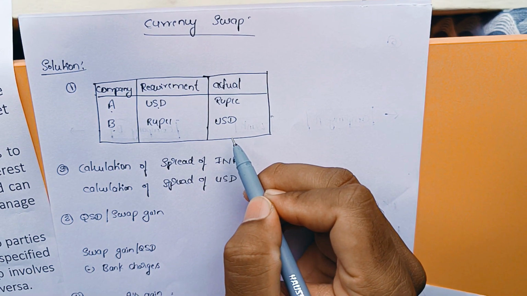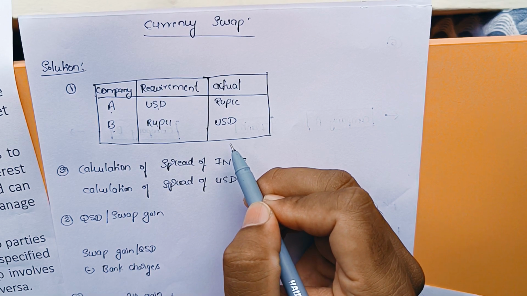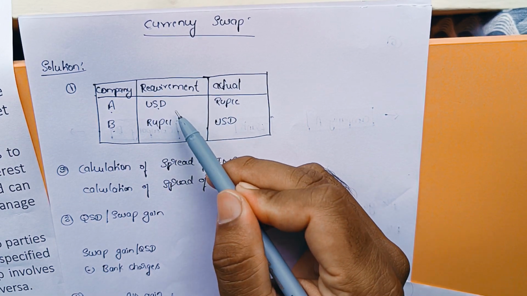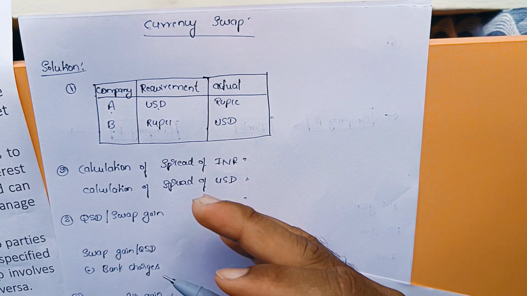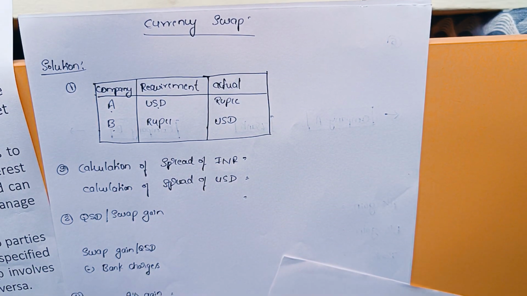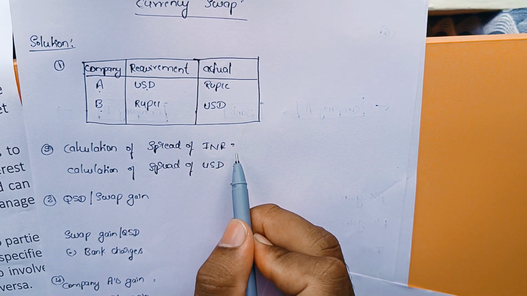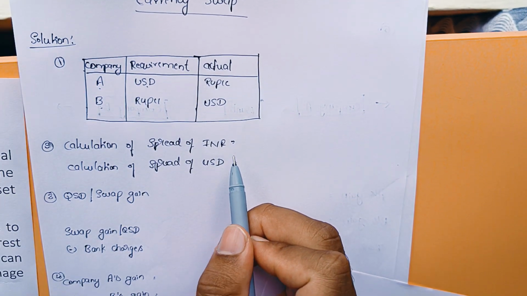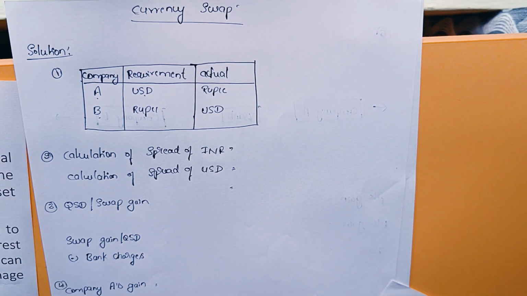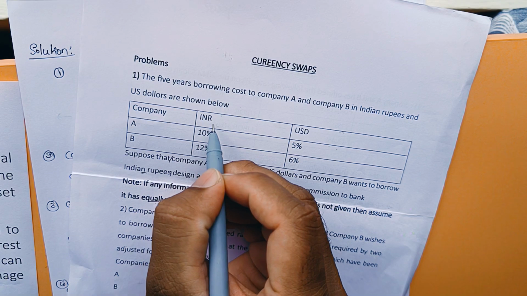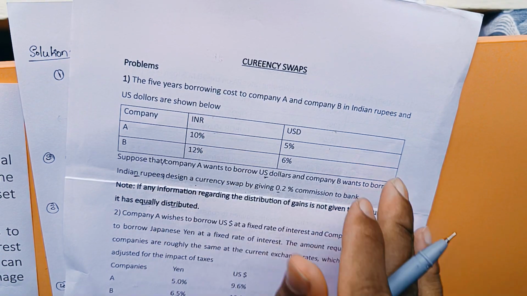Now they want to swap through the bank. They want to exchange rupee with USD for company A and B. For that, certain steps and a procedure are there. First, you calculate the spread of INR. Spread is nothing but the difference. For the spread of Indian rupee, go to this column.